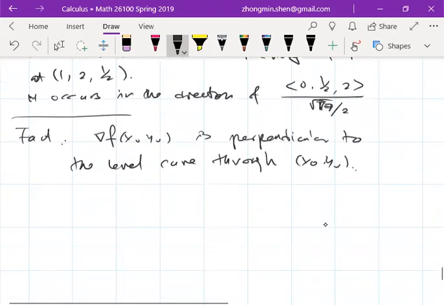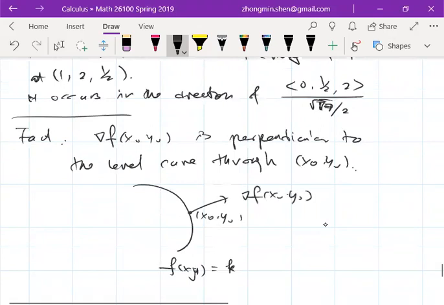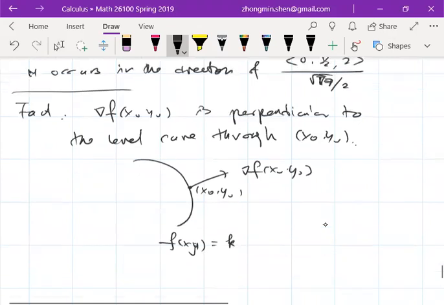So why is this true? This is a level curve, right? f(x, y) equals some k, and that's a particular point. This is the gradient. Why is it perpendicular? How do we see that?